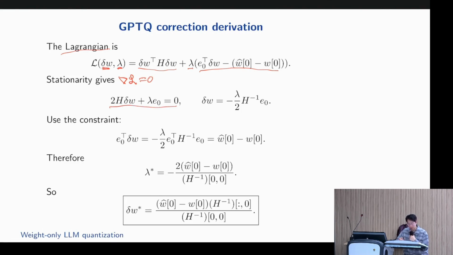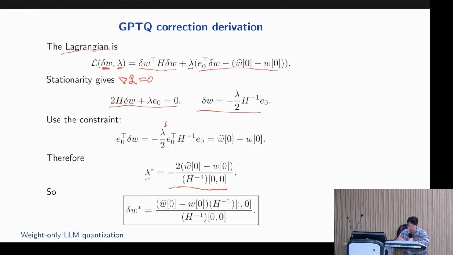We have these two formulas, and using the constraint, solve for lambda here. Let's call the solution W star. So W at optimality and lambda at optimality must satisfy this equation.